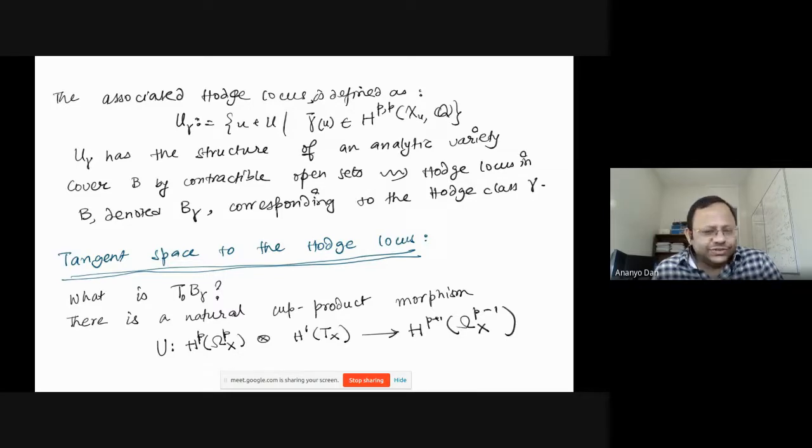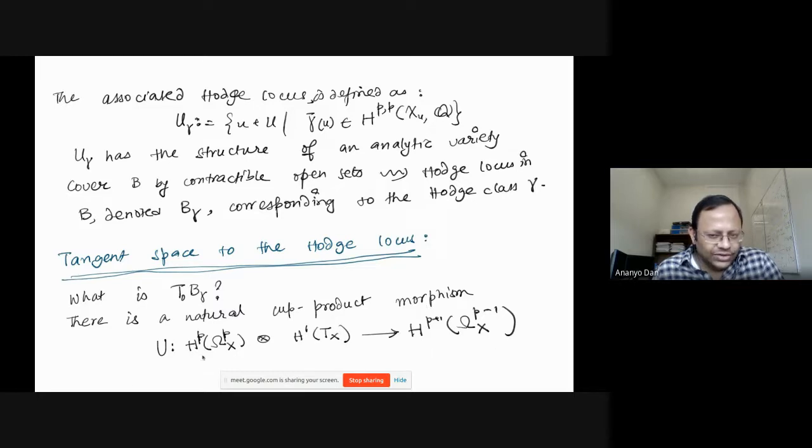The Hodge classes lie in the sheaf cohomology of H^p Omega^p of X, as is here. Now this is slightly more deformation theoretic. This is the space of all first order infinitesimal deformations of X. The H1 of T_X parameterizes all the first order infinitesimal deformations of X.